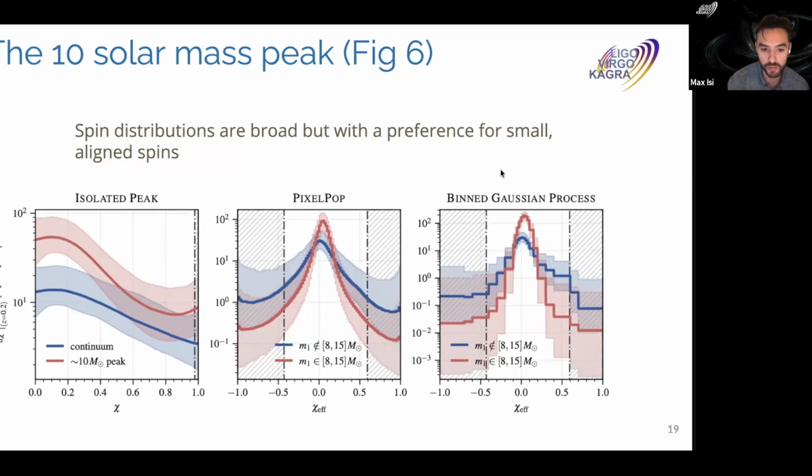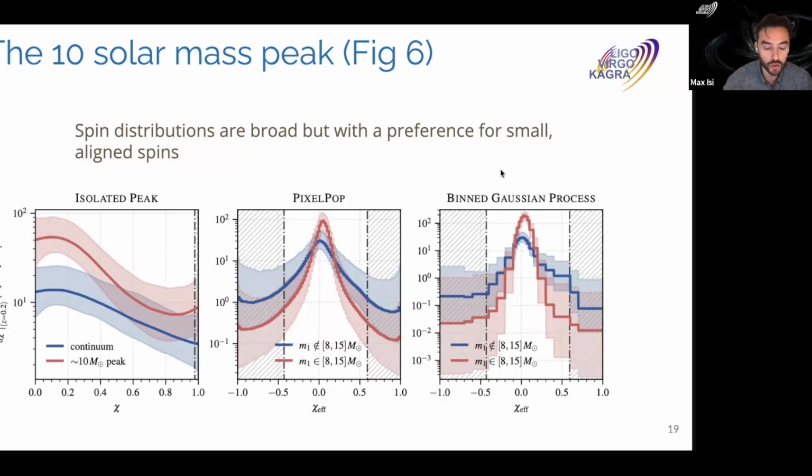In the case of the more flexible models, Pixel Pop and Bin Gaussian process, the other two plots here, we model the effective spin rather than the individual spin magnitudes, but the story is the same. In this case, we see that the red curves, which represent systems in the peak, are slightly more constrained than the blue curves, which represent the continuum, to have smaller chi-effective values, potentially with a slight preference towards positive chi-effective.